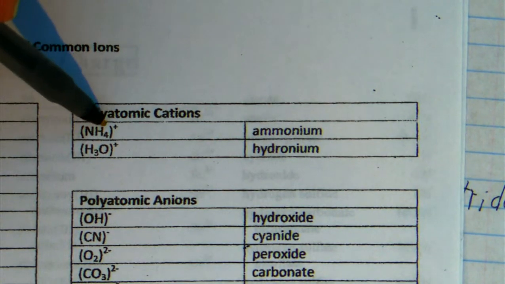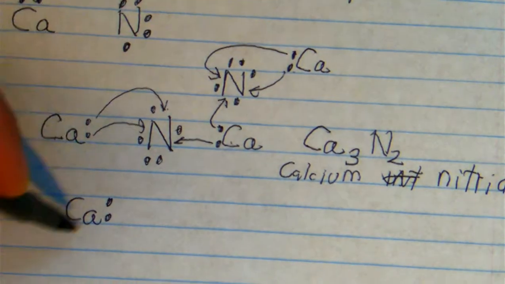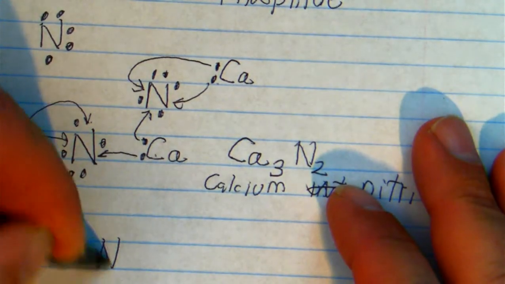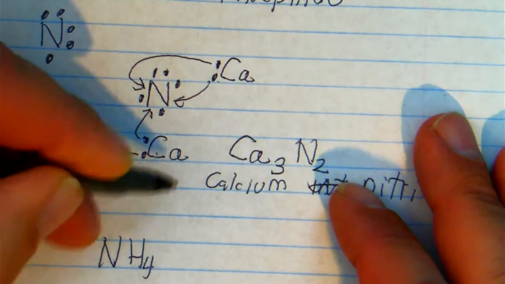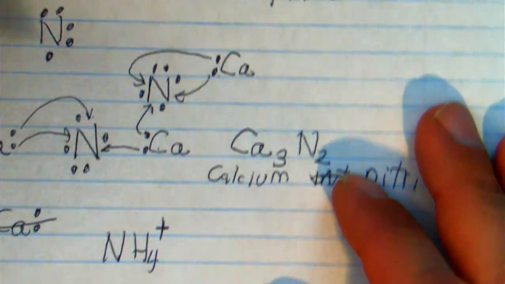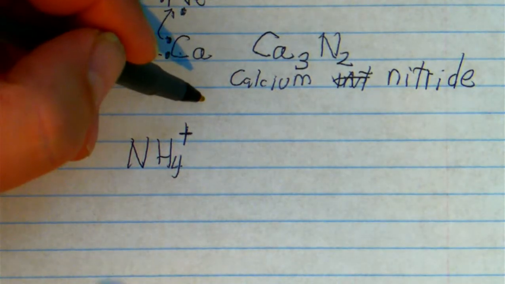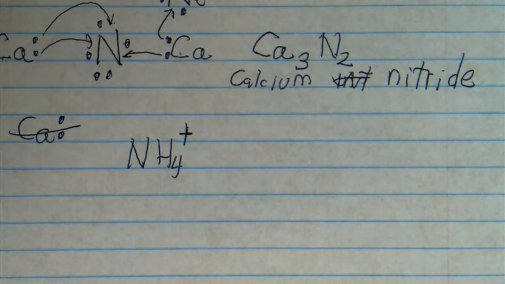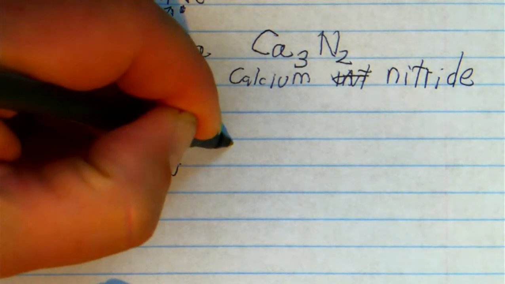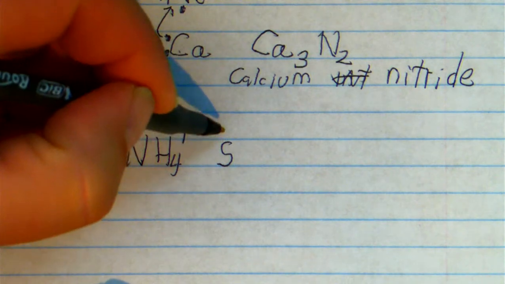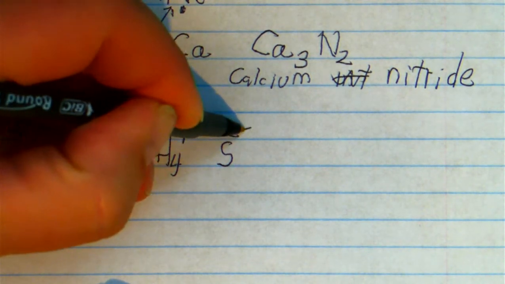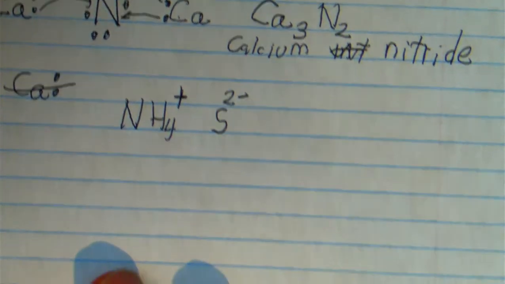And I see I'm doing this incorrectly. This is a polyatomic cation. So NH4 with its plus charge, if I combine that with, let's say, I want to say sulfide. Sulfide is always going to be a 2 minus charge.